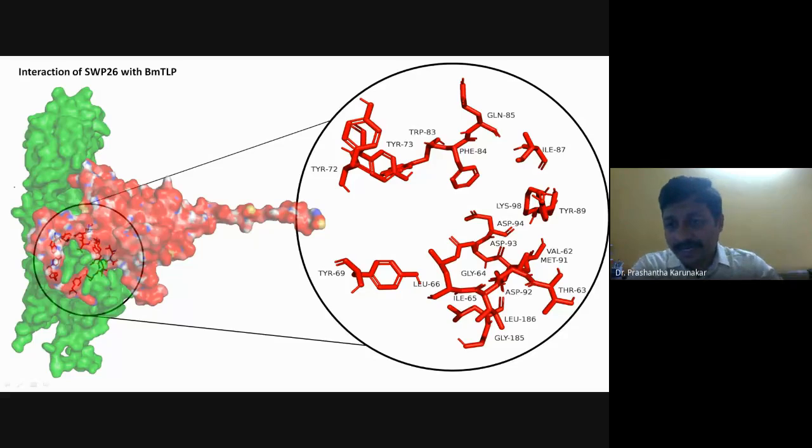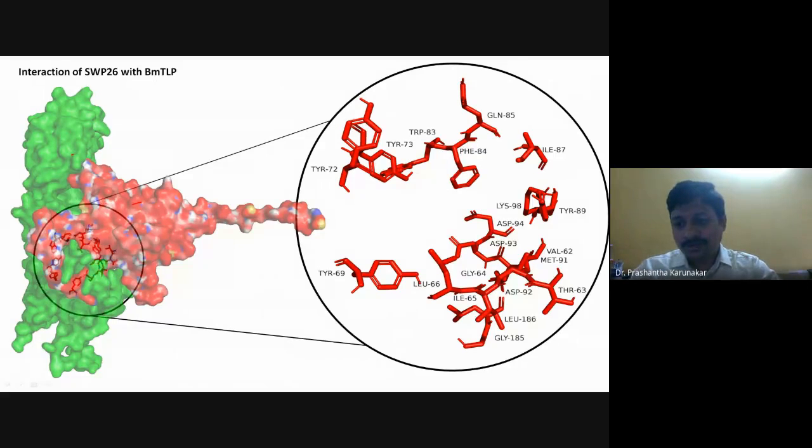So here we can get to know the SWP26 and BMTLP, the Bombyx mori turtle-like protein. How is the interaction? This portion we can zoom in and see how the interaction is between these two.